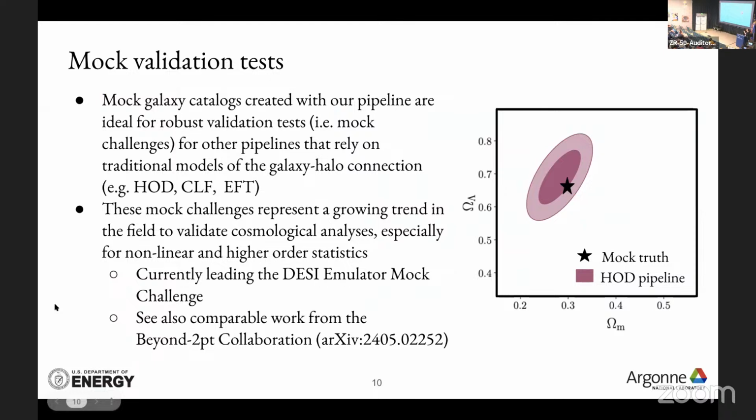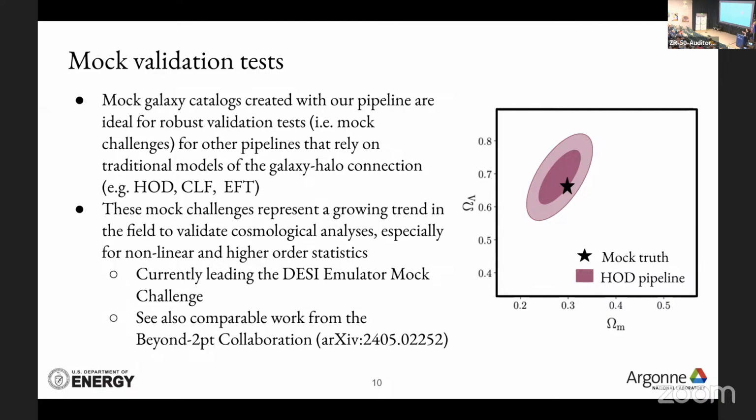Like I've said, one of the things we can do currently with our model is make mock galaxy catalogs to use in validation tests for other pipelines. So these are often called mock challenges. And the idea is that a pipeline using a different model of the galaxy halo connection like HOD or EFT can confirm whether or not they can recover the true cosmology when our mock, which comes from a totally different model of the galaxy halo connection, is used as the true data set.